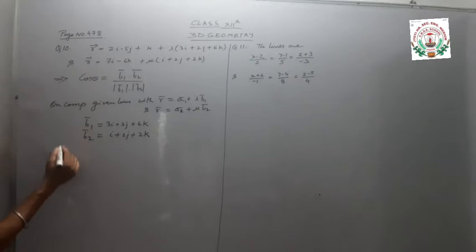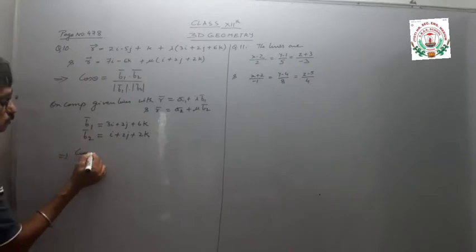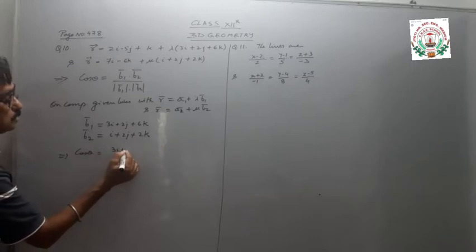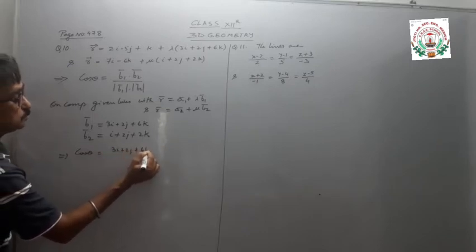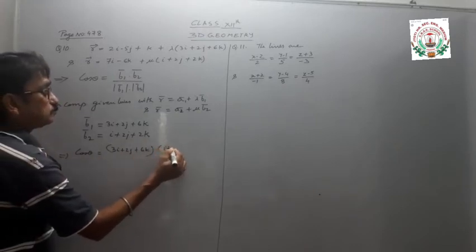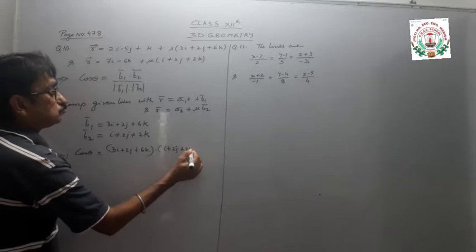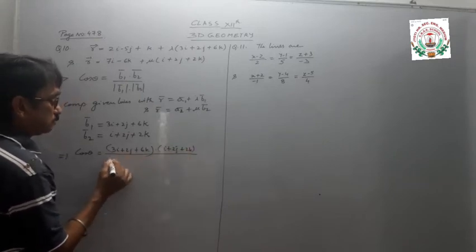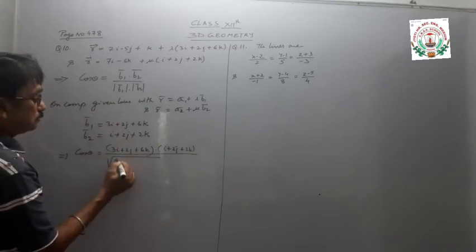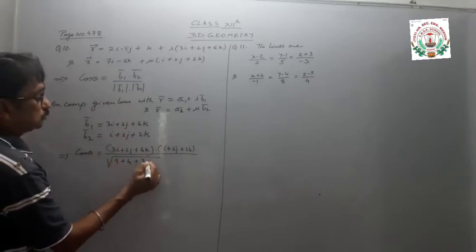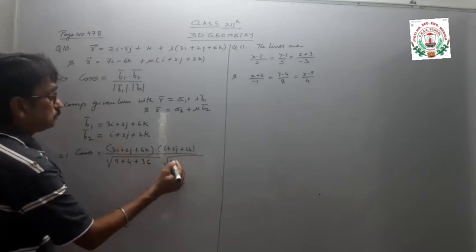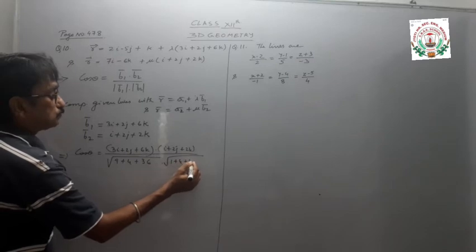So now I can apply the formula. Cos theta is equal to b1 dot b2. b1 is 3i plus 2j plus 6k, dot b2 vector i plus 2j plus 2k, divided by modulus of b1 vector, under root 3 square 9, 2 square 4, 6 square 36, into under root 1 square 1 plus 4 plus 4.